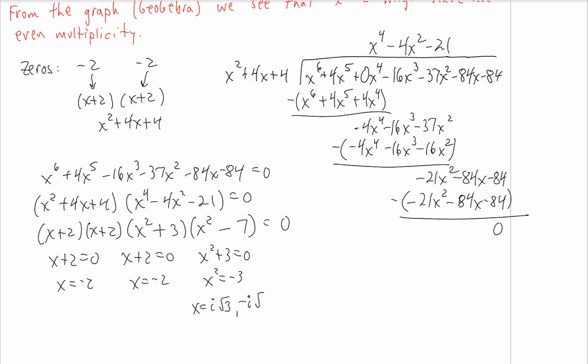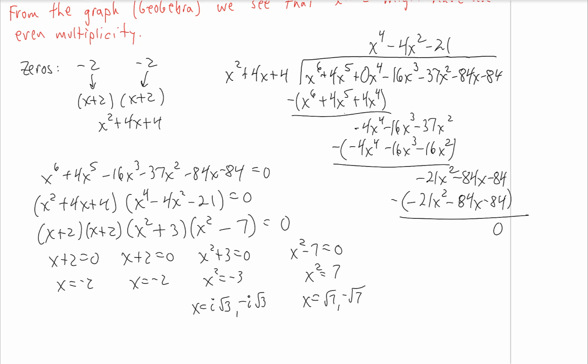Then negative i principal square root of 3, but those are non-real. And then we're going to get principal square root of 7 and the opposite of the principal square root of 7. So we end up getting 6 zeros, but 2 of them are non-real.